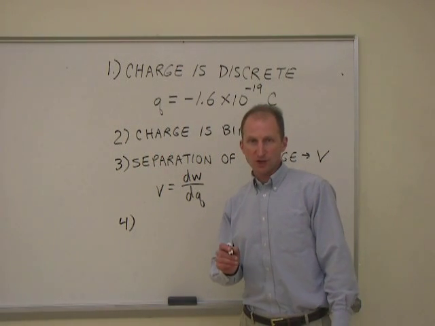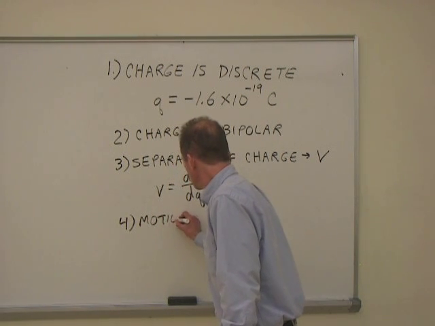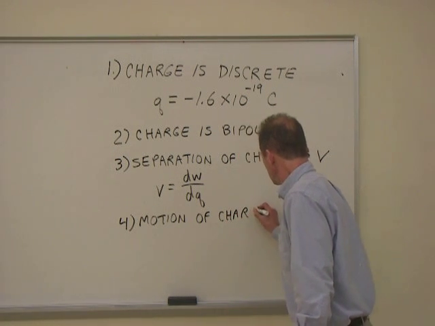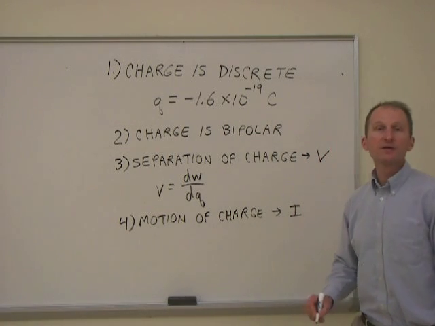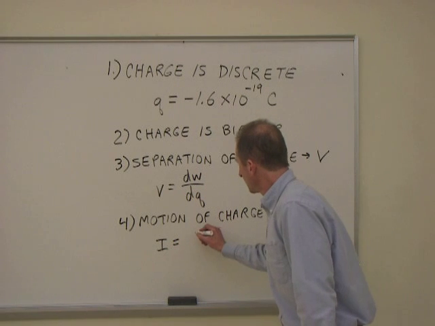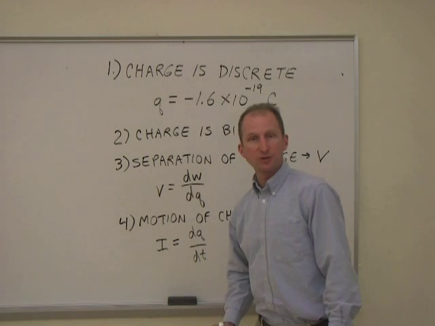Fourth, the motion of charge results in current. And the definition for current is I = dQ/dt.